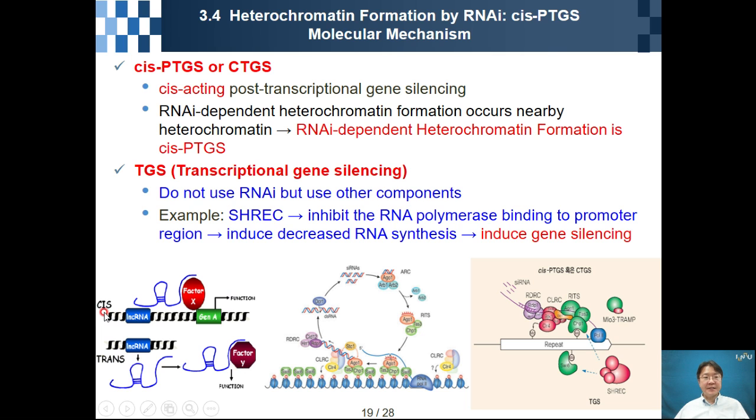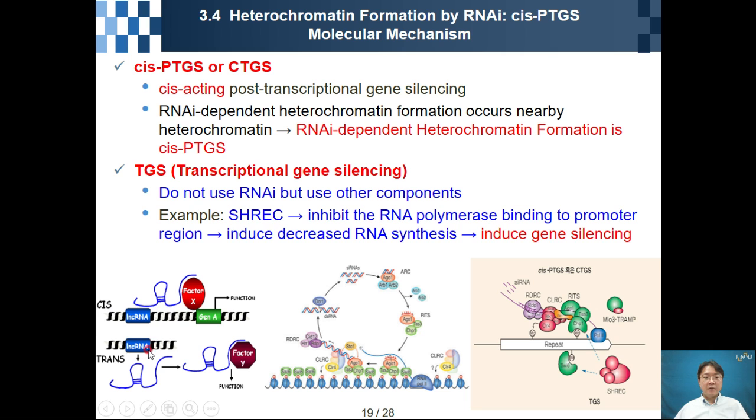For example, a lncRNA is transcribed near gene A. This transcribed lncRNA binds to factor X. After that, it affects the gene expression of the nearby gene A. Sometimes it can activate the expression of gene A, or sometimes inactivate it. So it happens on the nearby chromosome, which means we call it cis-acting.